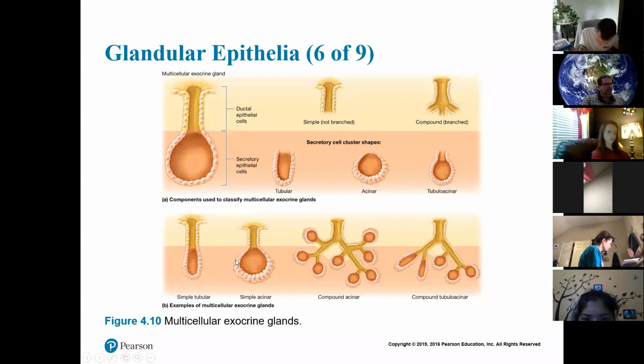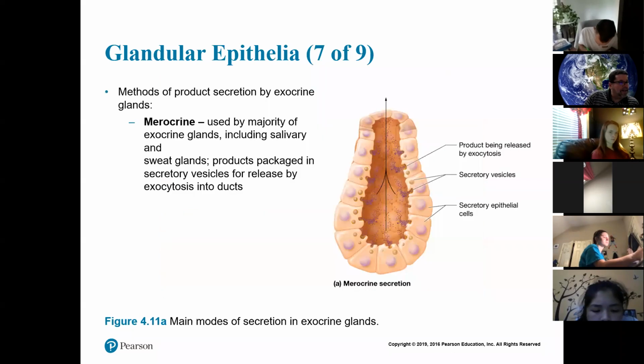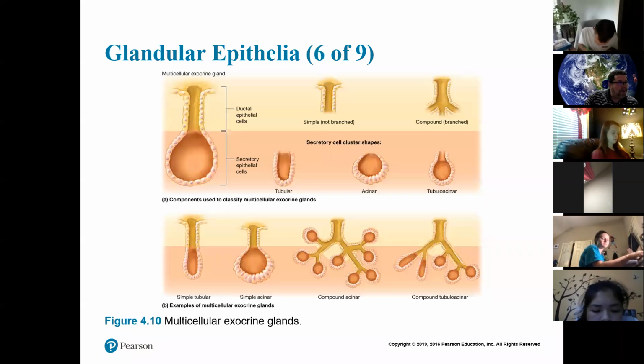One tube, simple, bigger fat there, compound acinar, or even compound tuboacinar. So it can get real cray-cray, and these look really weird because you have to look under the epithelium in the skin. Okay, so I'm not going to make you know the ducting names, but that's kind of cool to me. If you took an advanced histology class, you'd spend a day looking at these glands, a lot of them in the skin, and the epithelium lining our body, or under the epithelium.